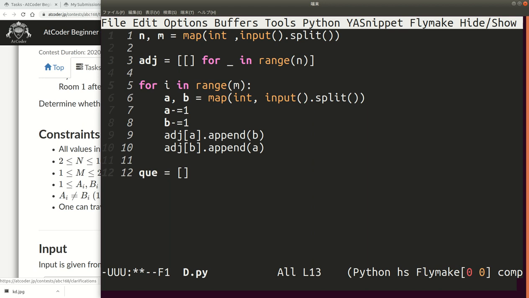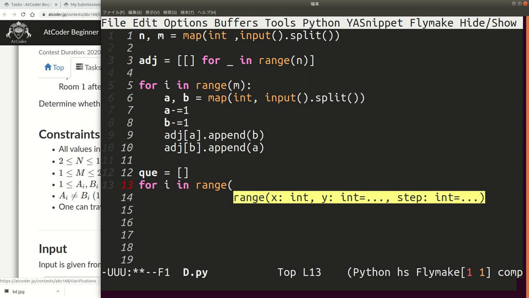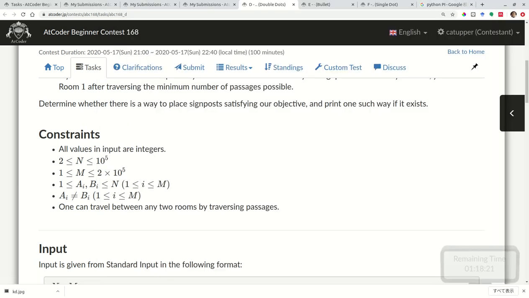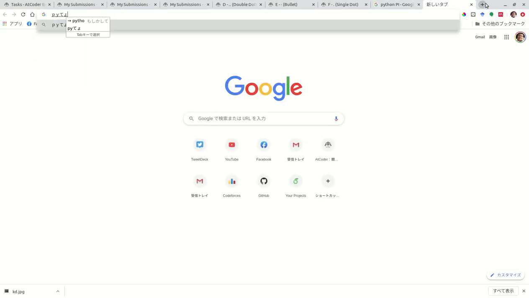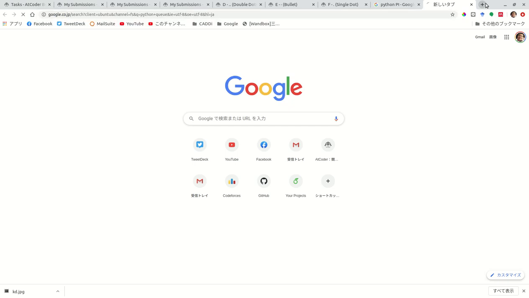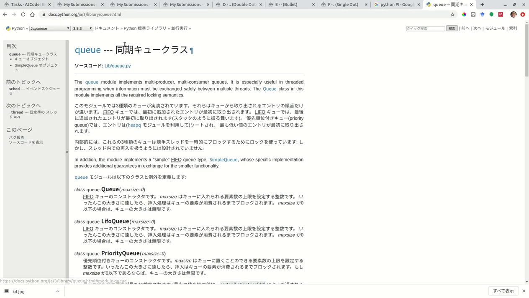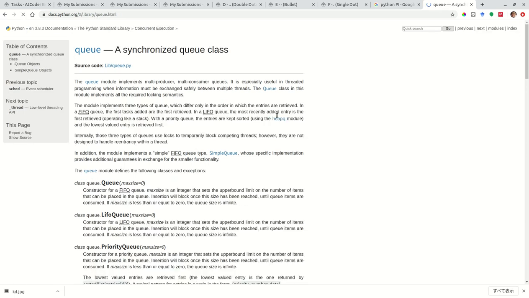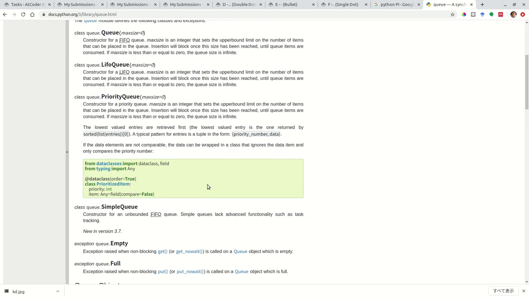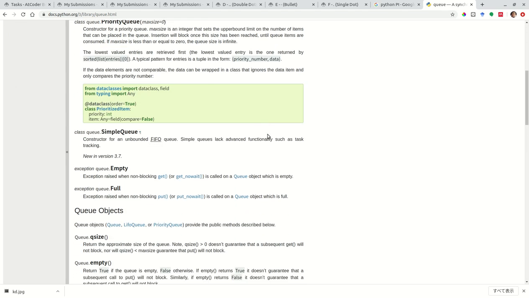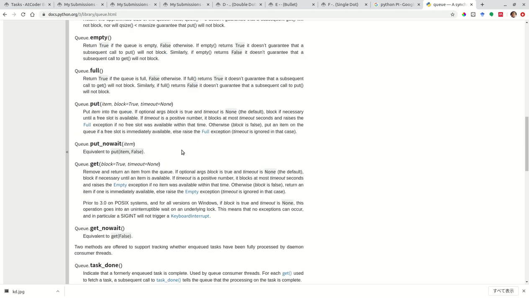yeah, so for I in range. Oh yeah, is there a queue in Python? Oh yeah, there it is. I'll change it to the English document. So leave a queue. Can we push and pop?